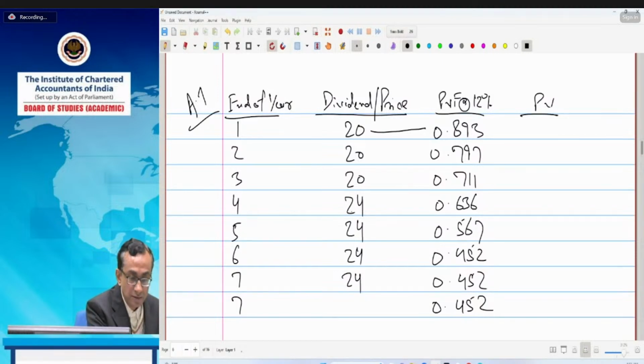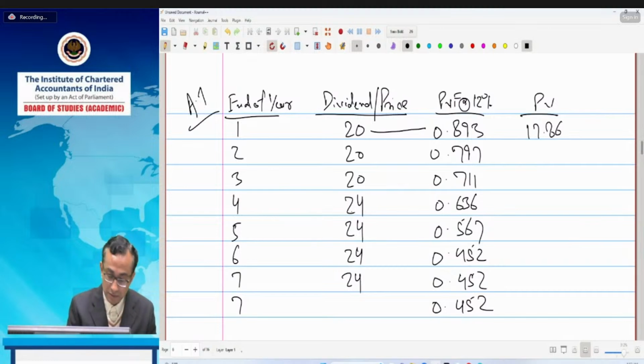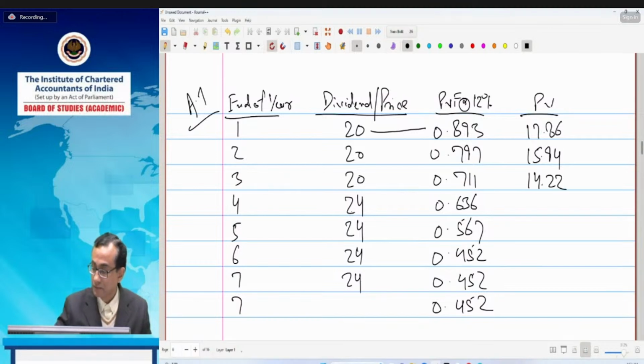Just give me a second. Now, 17.86 present value. 20 into 0.797, 14.22, 15.264 or 15.26.